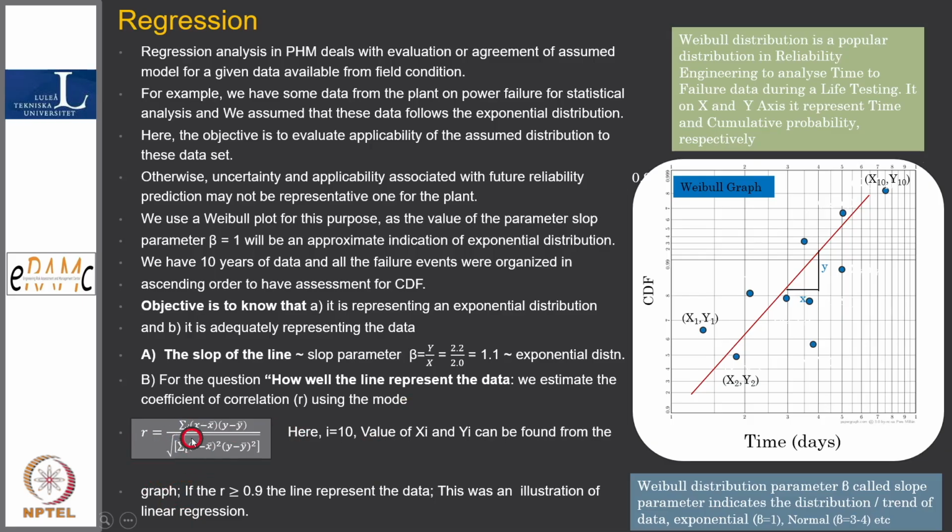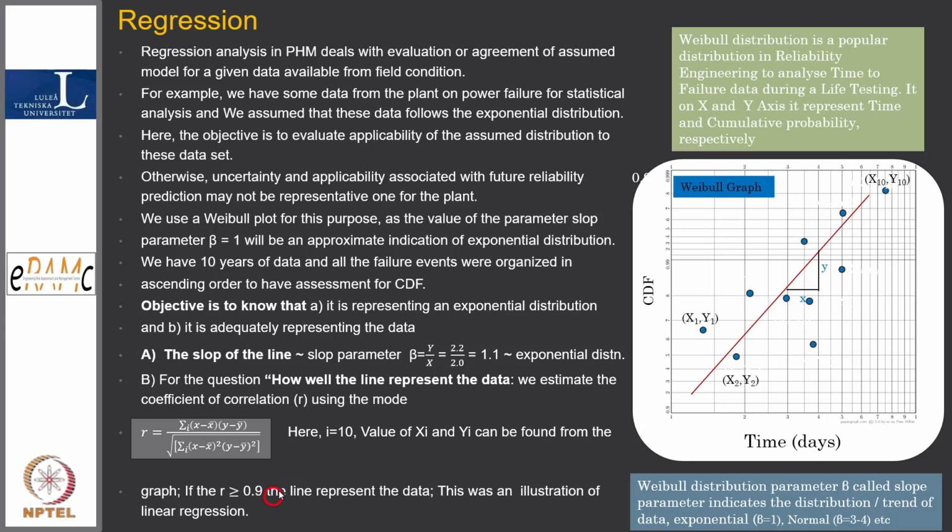And then we have i equal to, because we had 10 data points, so our i was 10, and x values and y values were there in the table, and then we have got this. If the coefficient of correlation R is more than 0.9, then you have a quantitative confirmation that the data is represented by this line, it is in conformity. If it is 0.95, very good, but minimum should be 0.9. If it is below 0.9, that means they are not agreeing.